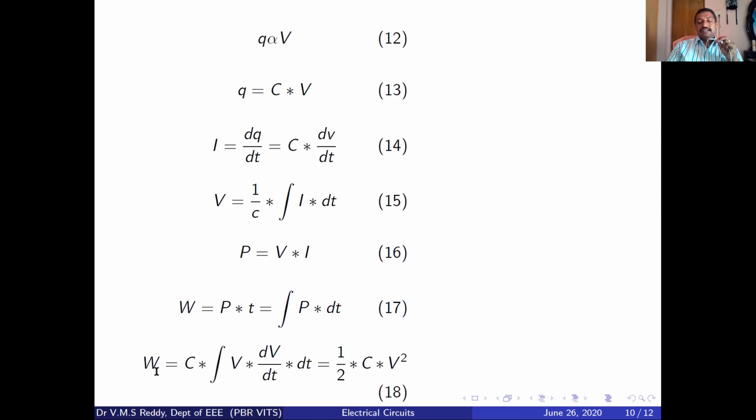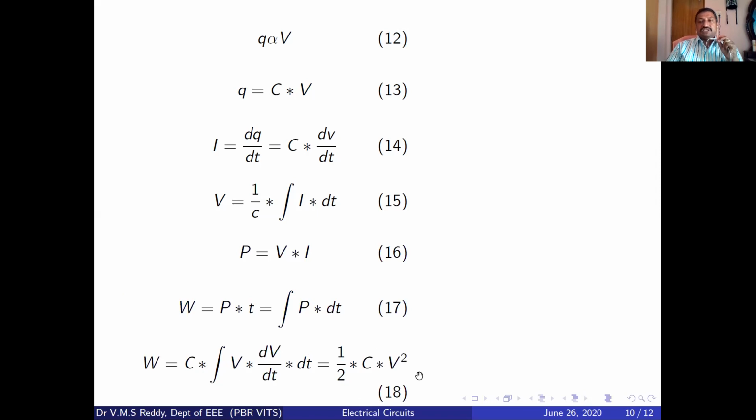So finally we get W is equal to C into integral of V into dV by dt, dt. The dt gets cancelled. So C into integral of V dV, and the integral of V dV is nothing but V square by 2. Just as the integral of x dx is x square by 2, similarly the integral of V dV is V square by 2. Therefore, with C, it is 1 by 2 C V square.